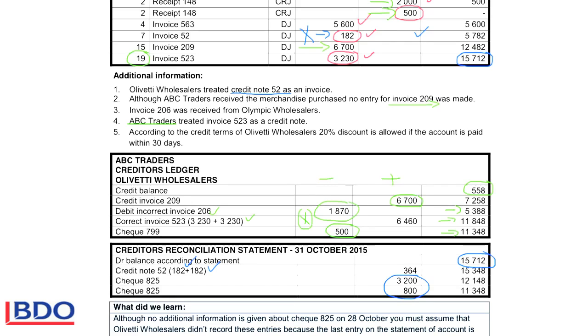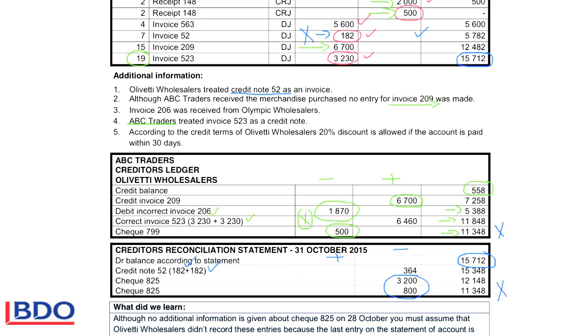They treat it as a debtor, so it increases on the debit side, decreases on the credit side. Because they didn't show this payment and they didn't show the discount, it means that the debt will be reduced. Now, if we look at the creditors ledger, the closing balance is 11,348, and in the creditors reconciliation, it is also 11,348. So it means that we corrected all the mistakes.